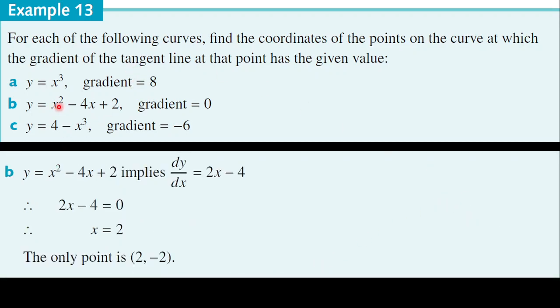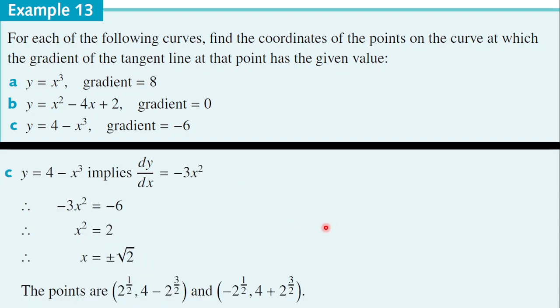Next one, again you differentiate, that's a linear function, so that's 2x minus 4. You want the gradient to be equal to 0, so that gives you a single x value. You substitute that x value into the y rule, and that will give you the y coordinate negative 2. So the answer is 2, negative 2. Part C is 4 minus x cubed.